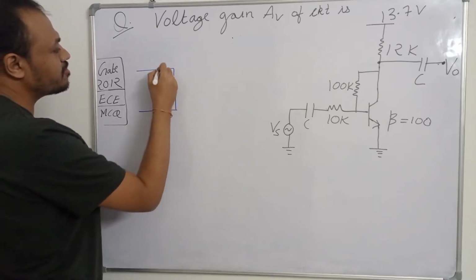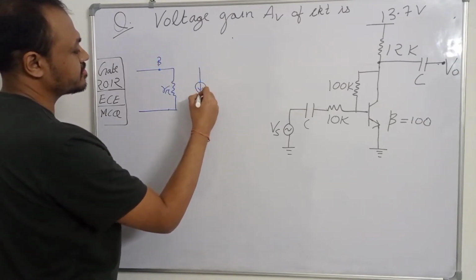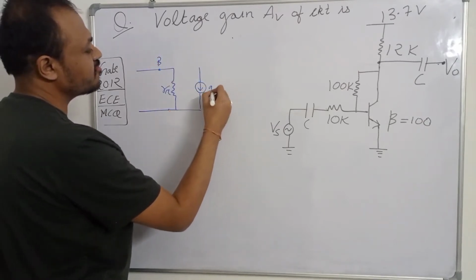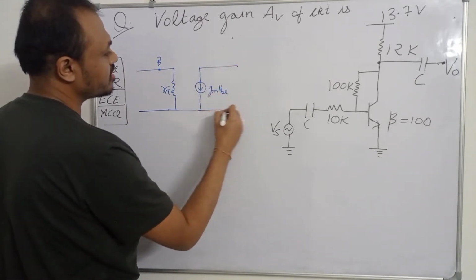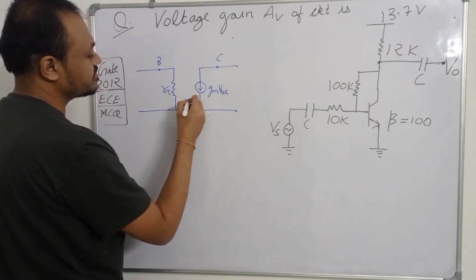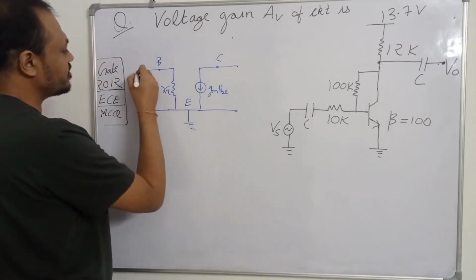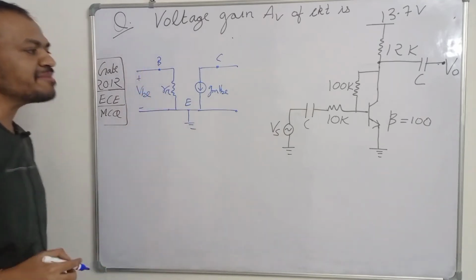So this is your base, gmVBE, and this is your collector, this is emitter, this voltage is VBE. So this is the RPi model of the transistor.